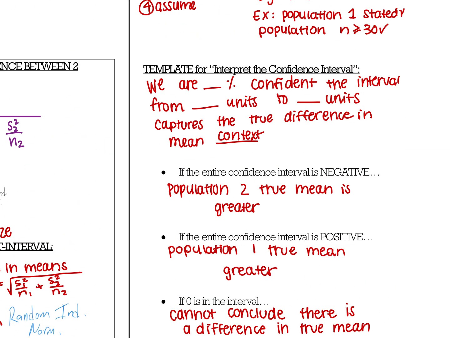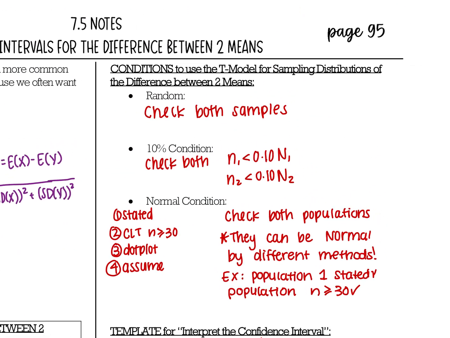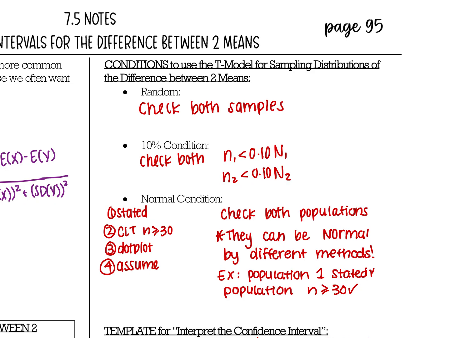Now, when we use our conditions, make sure that we check for the randomness, the independence condition where we are less than 10% of the population, and our normality condition. So remember, we can use the statement that it is normal.